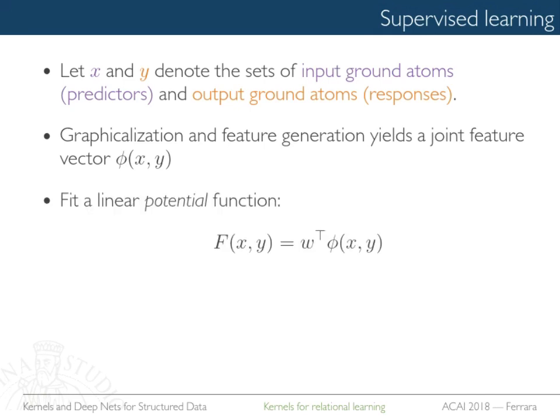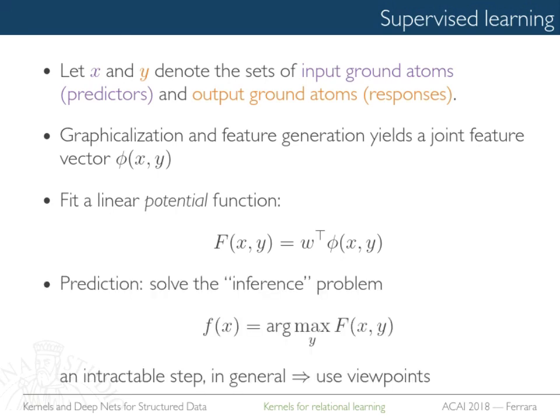Once you have it, what can you do? Well, you can design a classifier on top of it, a potential in particular, which is a function of X and Y, which is a real number now, right? That will tell you how compatible a particular Y is with a given X. And then, how do you do the classification?